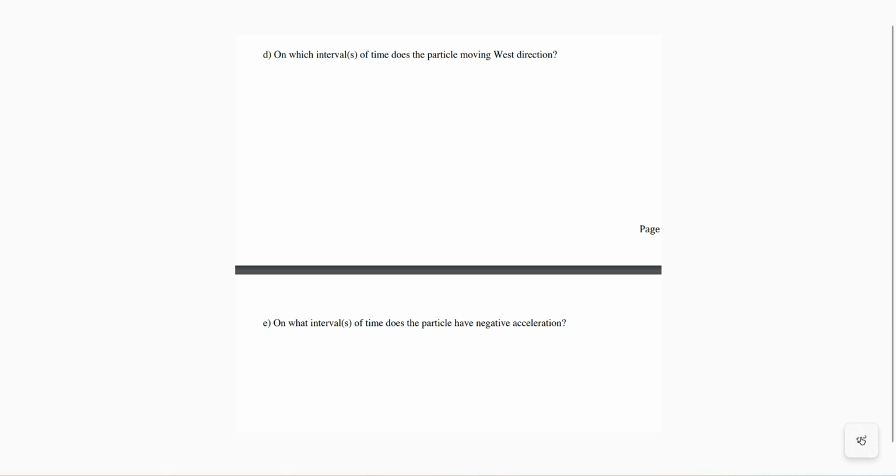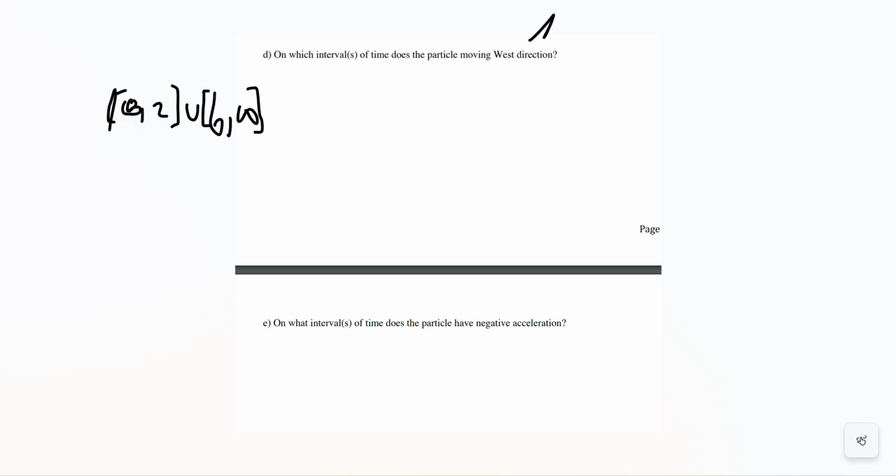So now that we know that it's increasing, let me write this down. Since we know that it's increasing from 0 to 2 union 6 to infinity, because time can't be negative.